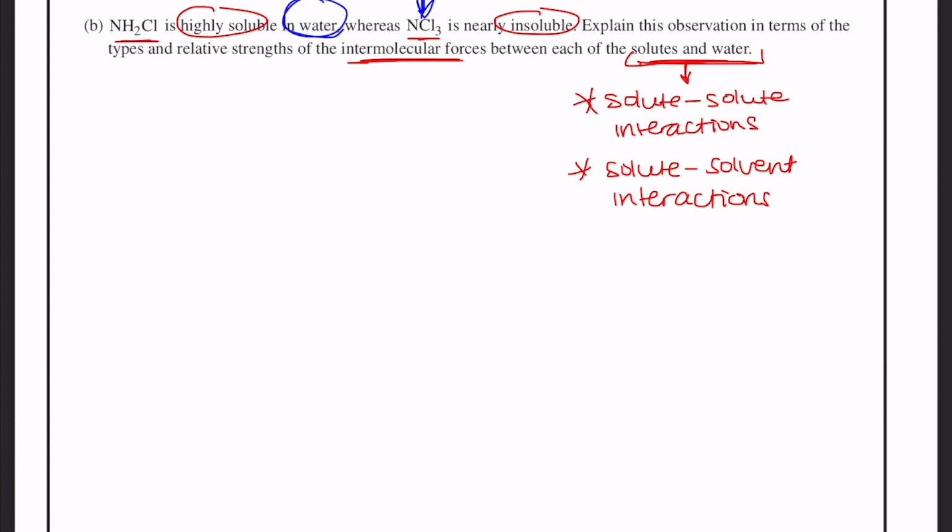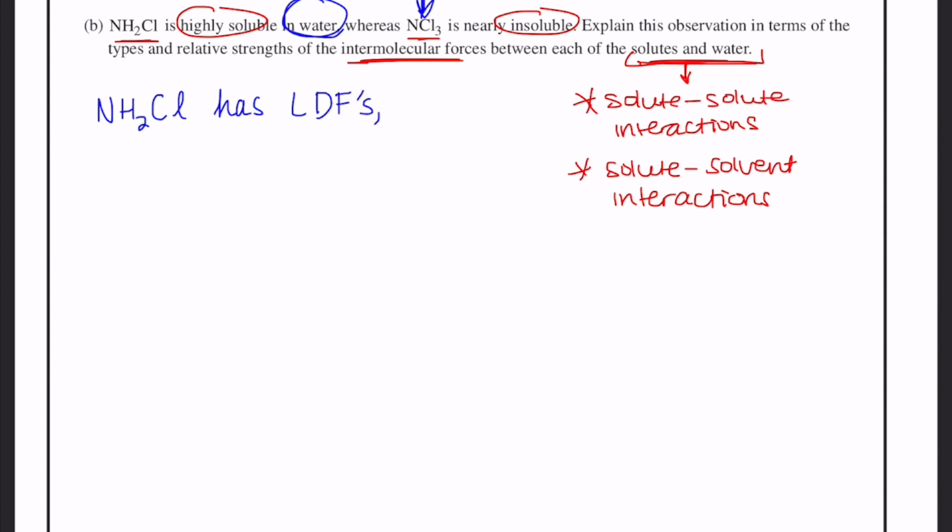So we should be able to start out this problem by just listing out the intermolecular forces that occur in both of these molecules. So all molecules are going to have LDFs, the London dispersion forces. So just list that out. We're going to start with NH2Cl. So has LDFs. Now, is there anything else that this could possibly have?